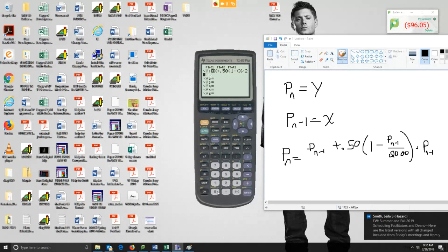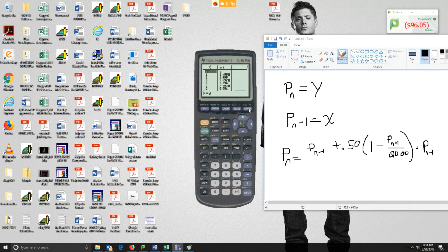divided by 2,000, close the parentheses. Now I need to close this parentheses and multiply that by x again. And when I do that, I'm going to hit second and graph, and that's going to bring up a table. Now you want to be able to enter y values into this table.